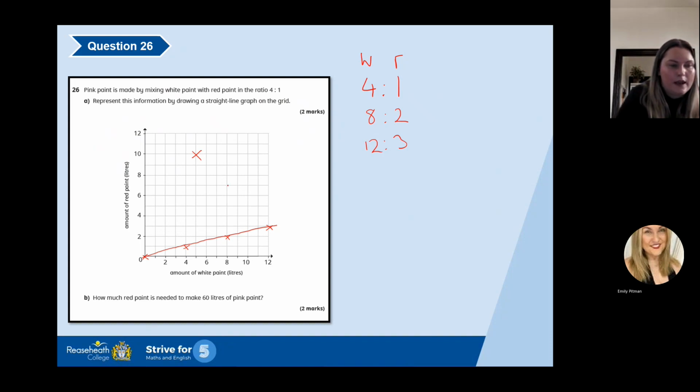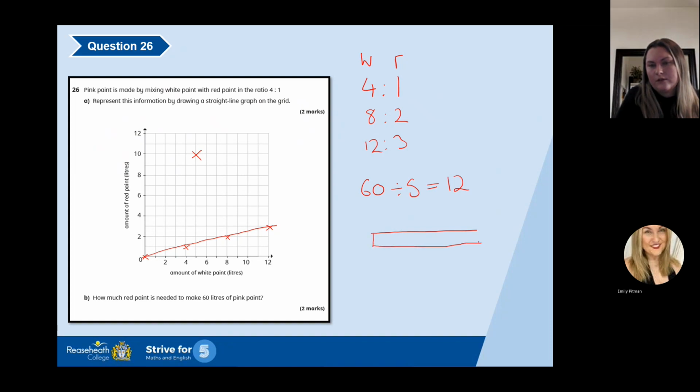Okay, so how much red paint is needed to make 60 litres of pink paint? So my ratio is 4:1, which means that I've got 5 parts. So you can either do this as 60 divided by 5 to find 1 part, which is 12, and all I need is that 1 part, or you can use the bar method. So I'm going to draw out my 4 parts, which is 1, 2, 3, 4.